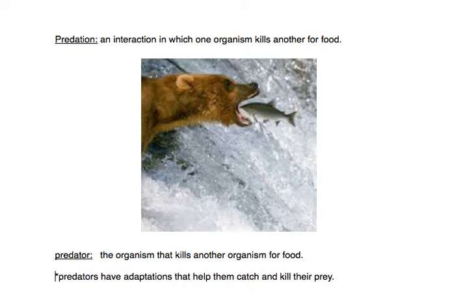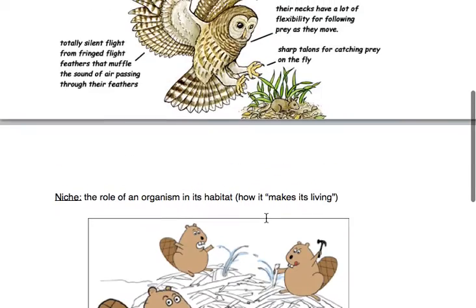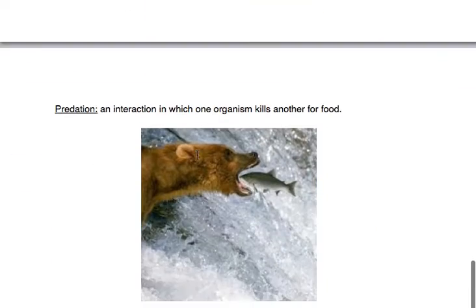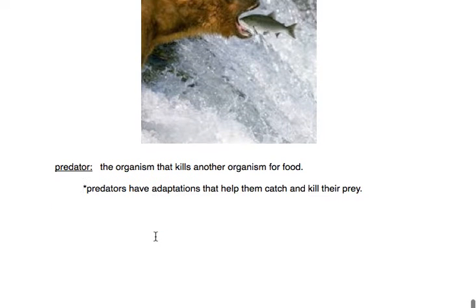If you look back to the owl up here, we looked at the adaptations of the owl that allow it to kill its prey. The eyes, so they can see them and see them at night. Their necks are flexible so they can look around for prey. They have sharp talons, and they have wings that are quite silent when they're flying. So those are some examples of adaptations that predators have.